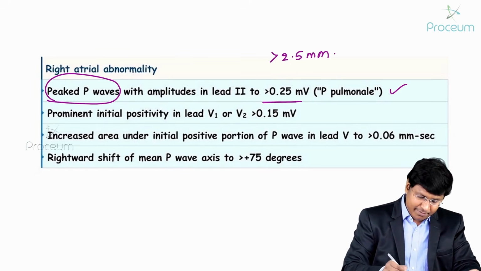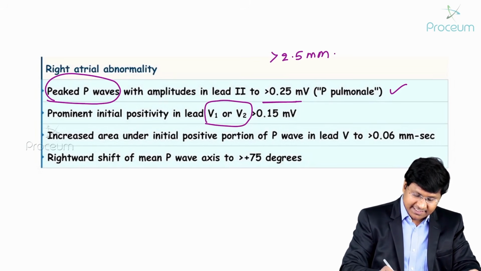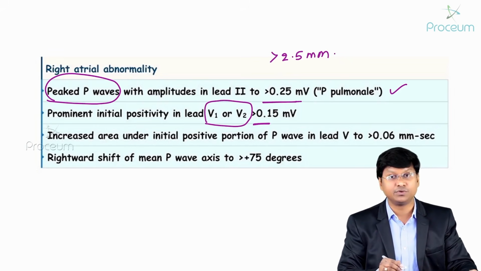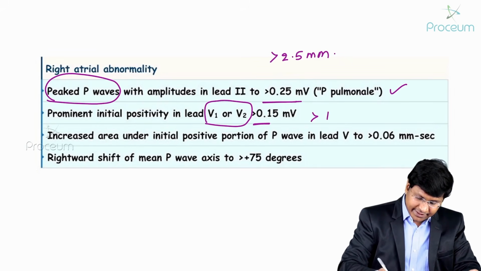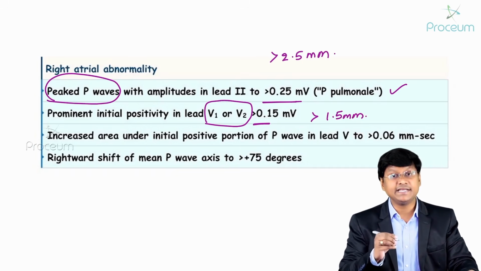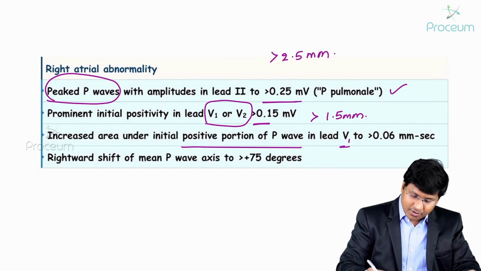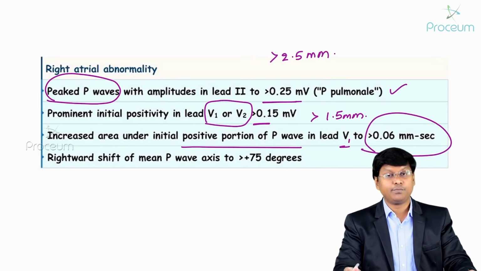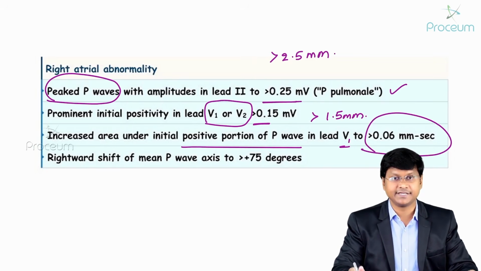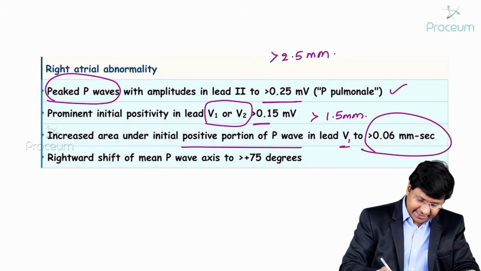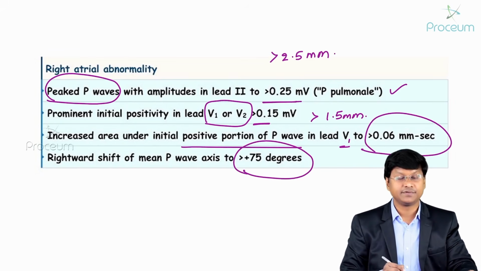And prominent initial positivity in lead V1 or V2, more than 0.15 millivolts, equivalent to more than 1.5 mm. And increased area under the initial positive portion of the P wave in lead V1, more than 0.06 mm-second. And they will have right axis deviation of the P wave.